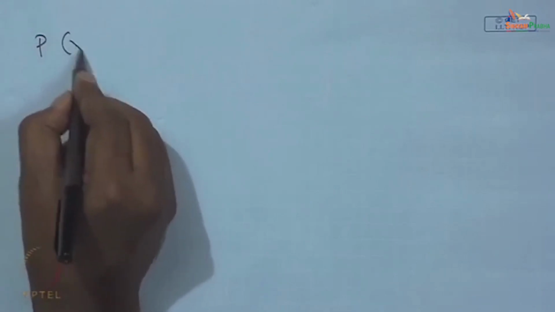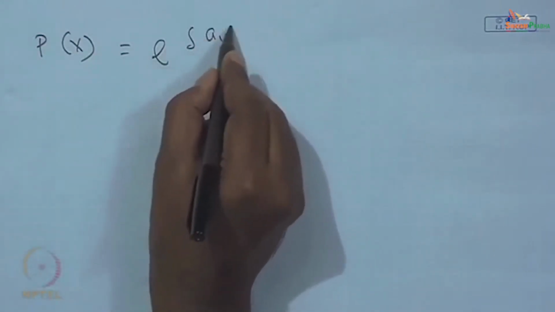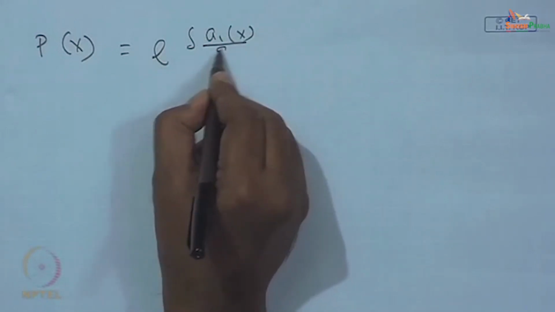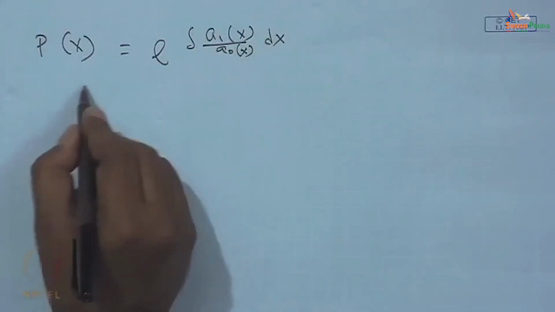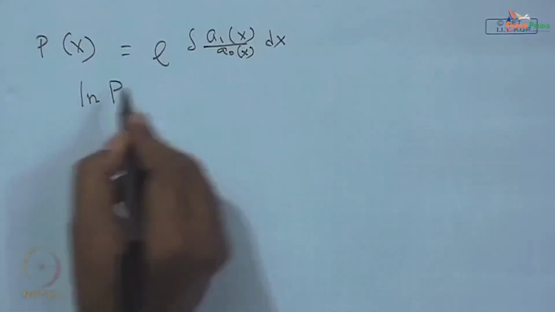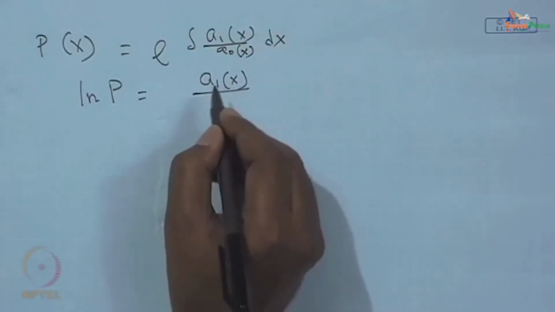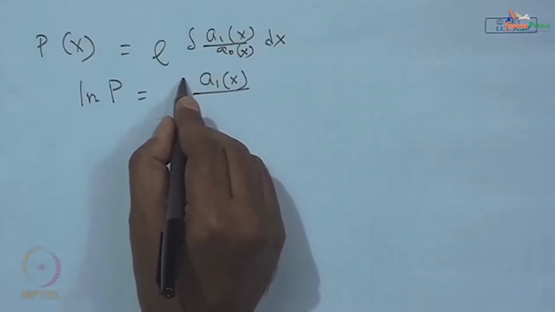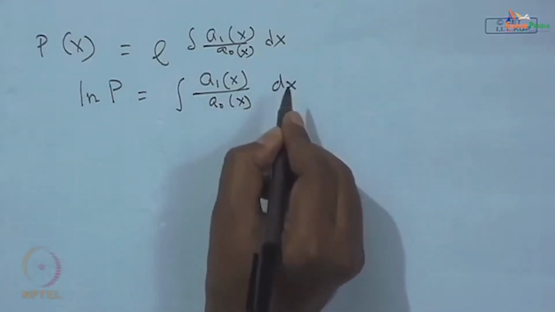we start with this. So, p of x is defined as e to the power integral a1(x) divided by a0(x) dx. If you take logarithm on both sides, this becomes ln p is nothing but integral a1(x) by a0(x) dx.